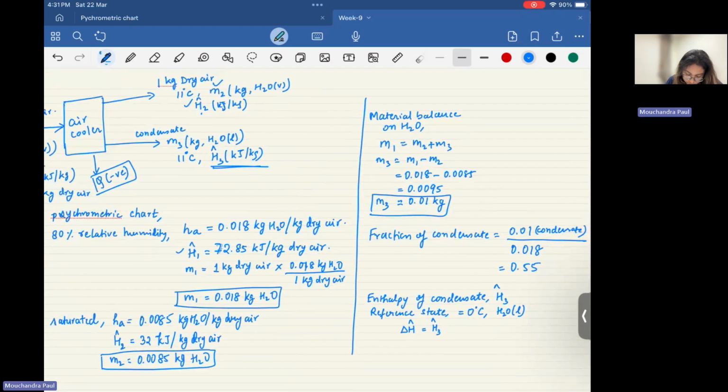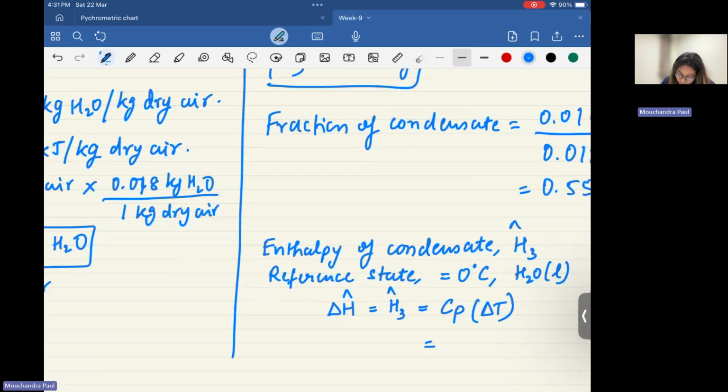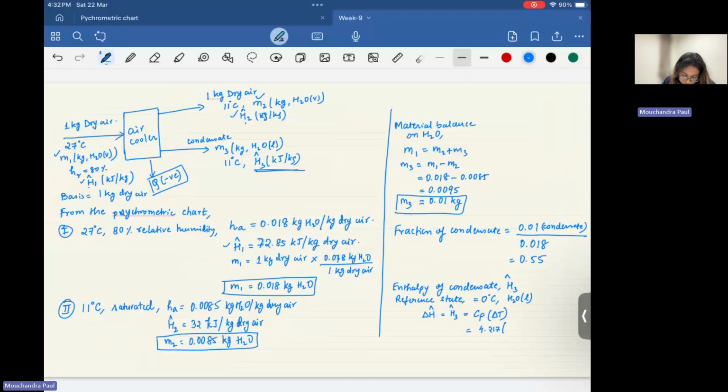So H3 will be equal to Cp into delta T. Now Cp at 0 degrees Celsius for liquid water is 4.217, and the change in temperature is final minus initial.